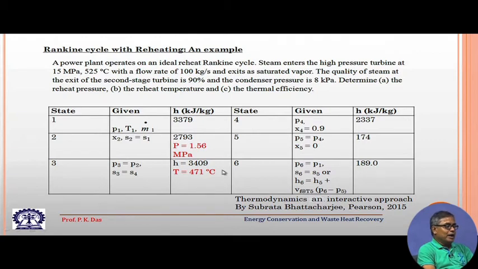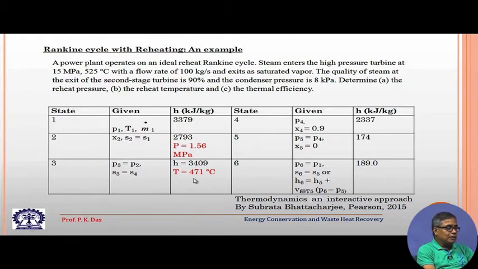You see we started with 525 degree Celsius, the initial temperature of the steam, and this temperature is lower than that. From a material point of view, we could have gone up to 525 degree Celsius, but rarely is it taken above the temperature at which steam enters the first stage of the turbine.